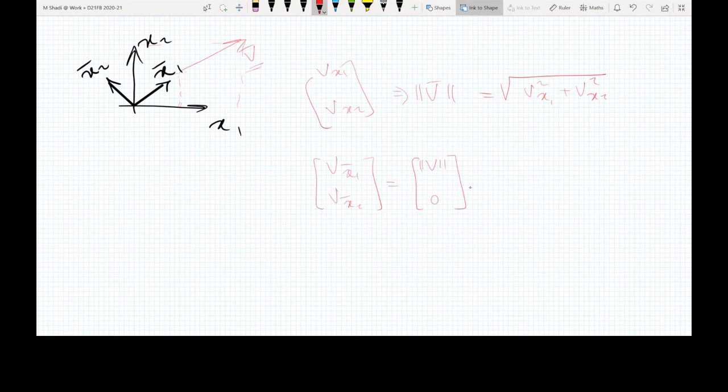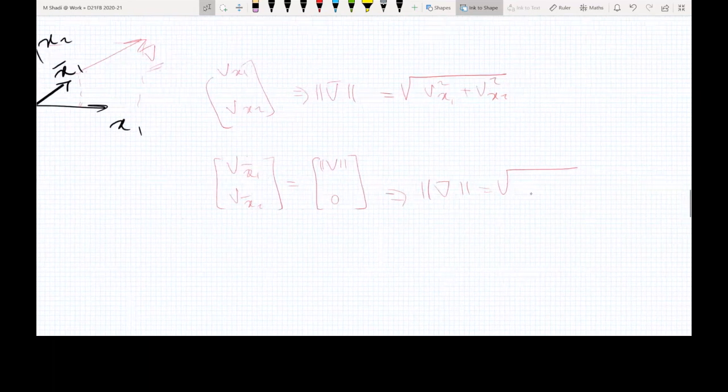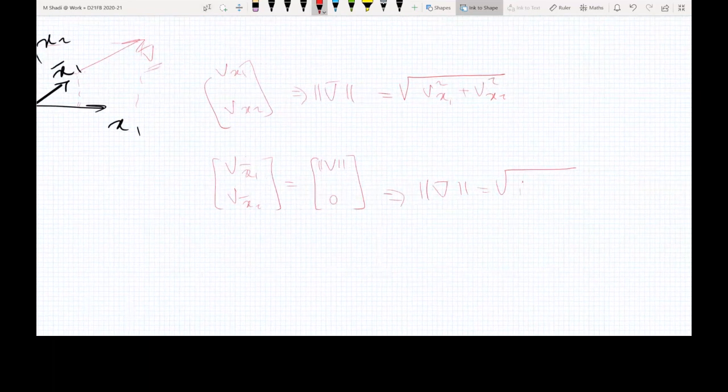If you calculate the length here, it is the same vector again. It is going to be the length squared added to 0 squared, and then you have V is equal to E.